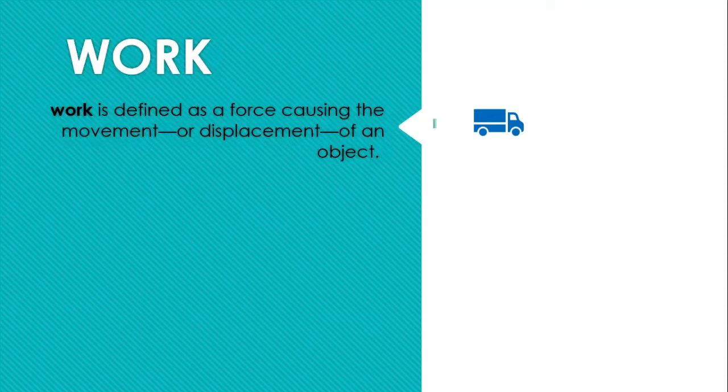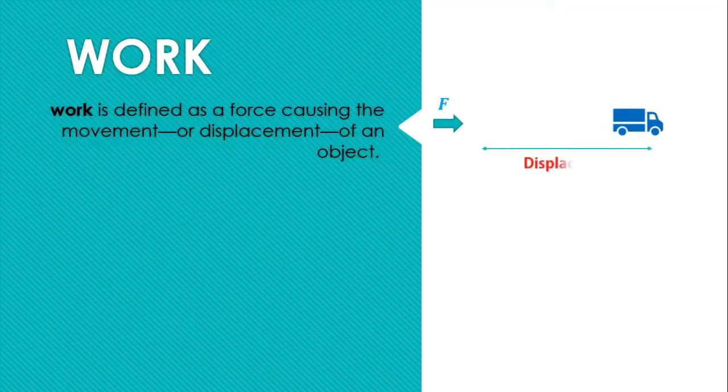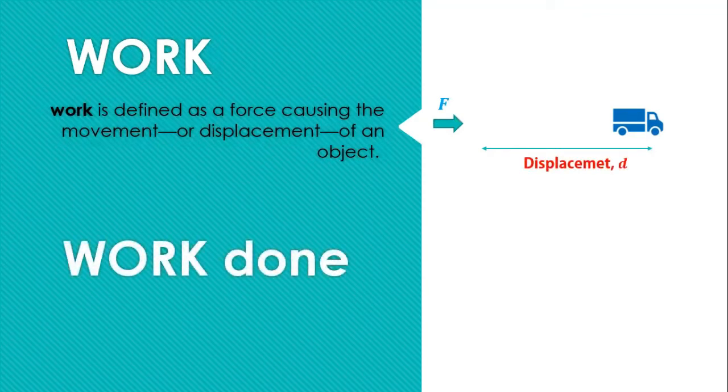Look at this object. For this car, a force F is acting, so the car is moving to the right side by displacement D. Work is done whenever a force moves something.